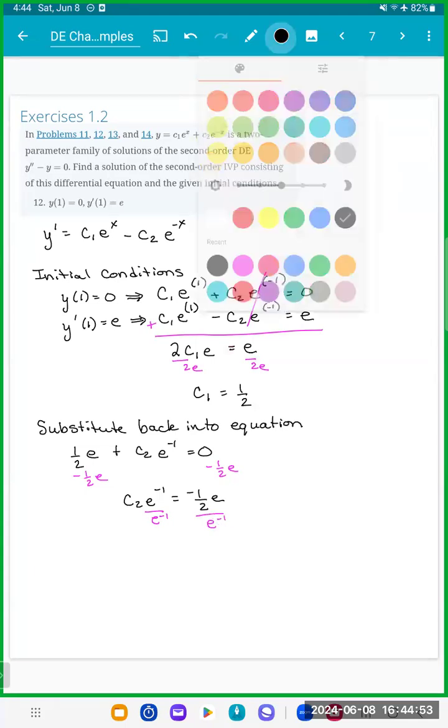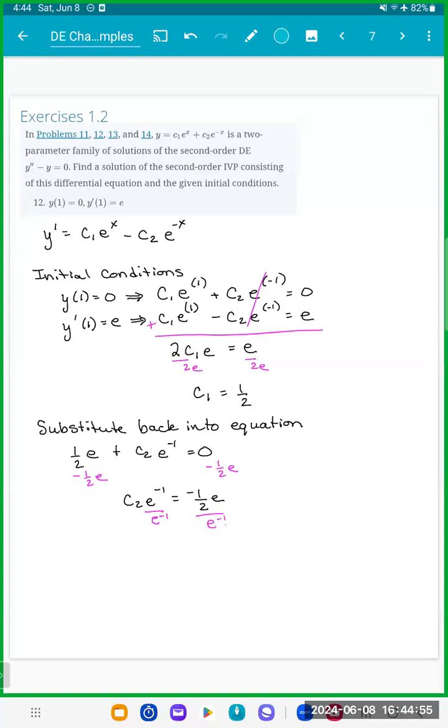So it's the same as moving up e to the positive 1. And if I had e to the 1 times e to the 1, remember I can just add those exponents together. And this is going to give me c2 is equal to negative 1/2 e squared.